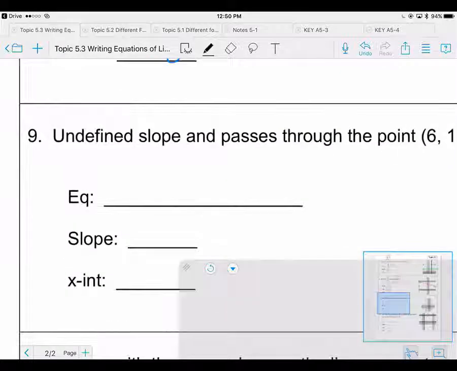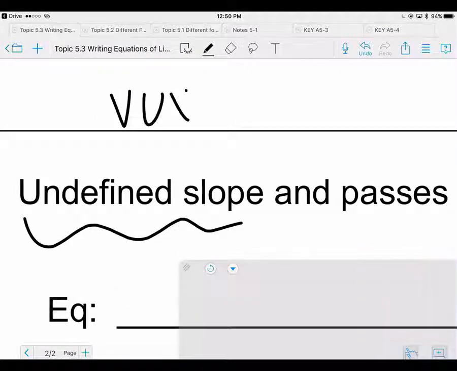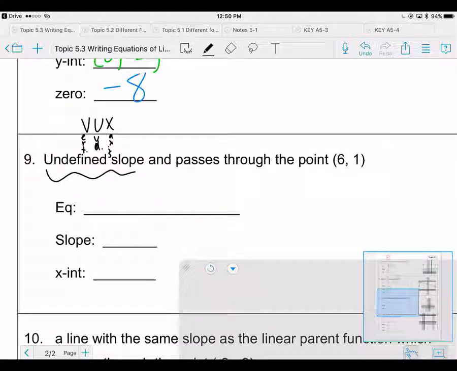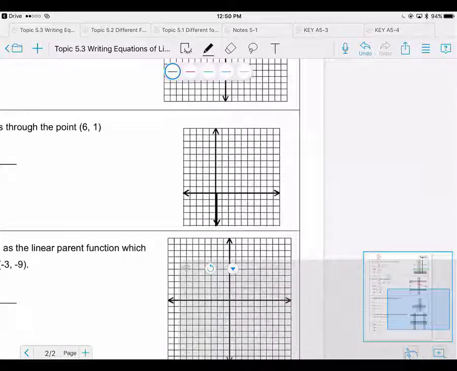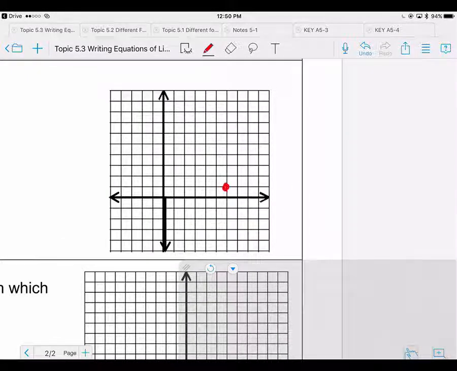Problem 9 is another special case because our slope is undefined. Remember, that means x equals. X equals has an undefined slope and is vertical and goes through the x-axis. So it goes through the point 6, 1, so we go to the point 6, 1. Undefined means it's going to go straight up and straight down.